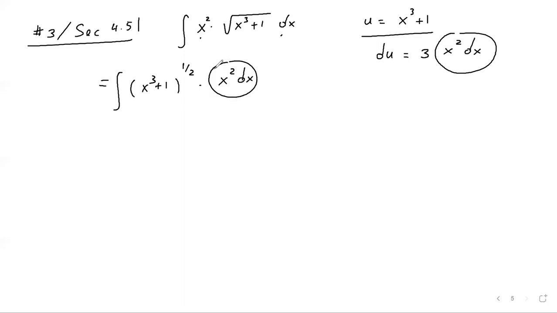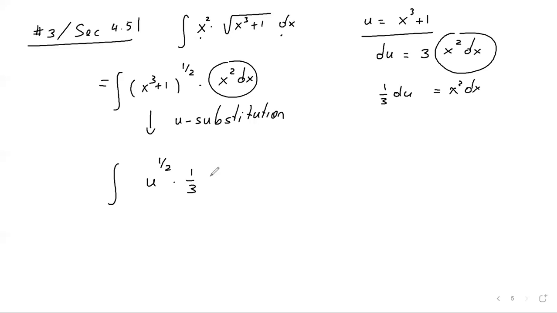All right, so this is the time to use substitution. We get u^(1/2), because u is x³ + 1, times x² dx, which if you solve for it is 1/3 du. So we're going to put that here, 1/3 du.